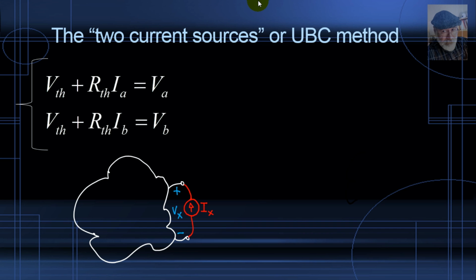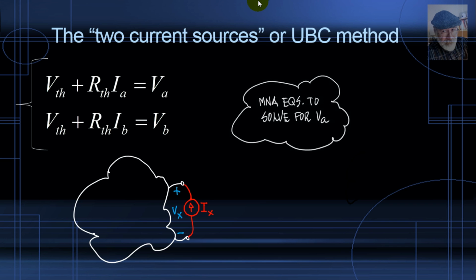In general, I can write the M&A equations in the real circuit applying a generic current source IX. A voltage Vx should appear. When we write the M&A equations, we substitute Vx for IA and we obtain Vx is VA.